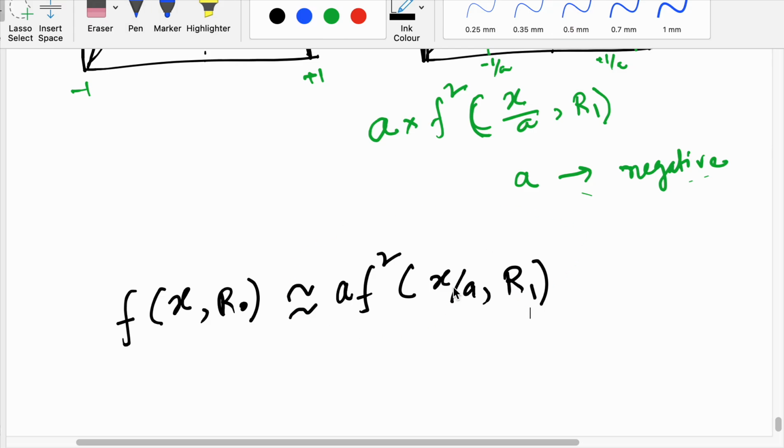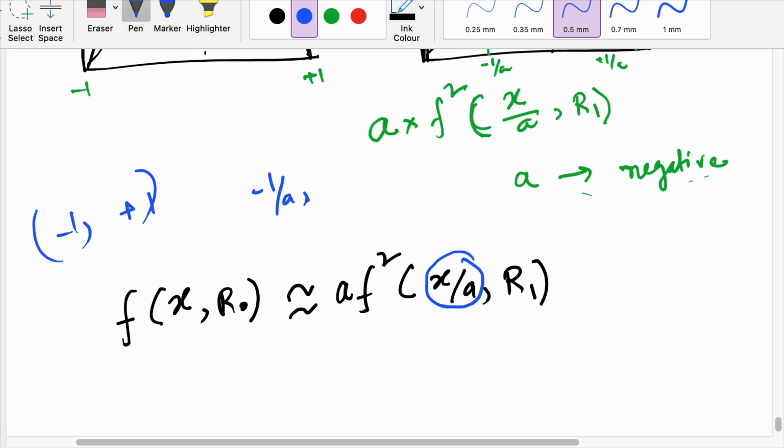If I zoom out, it is called zooming out. If I only zoom out this smaller region, x by a, previously the region was minus 1 to plus 1. Now our region is minus 1 by a to plus 1 by a. Since we are zooming out this region, and if I multiply by a, then these two structures look the same.